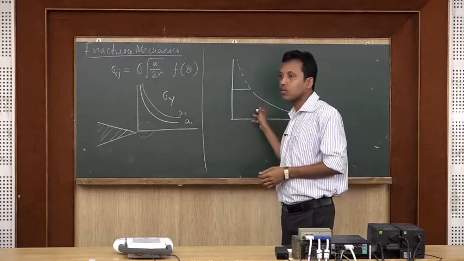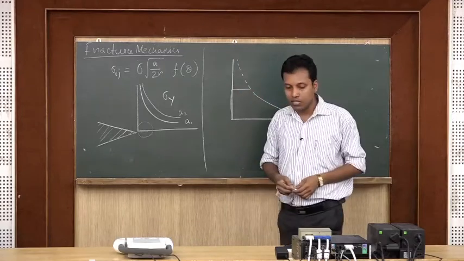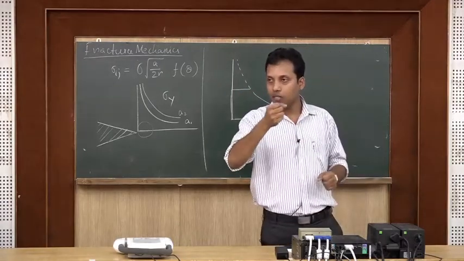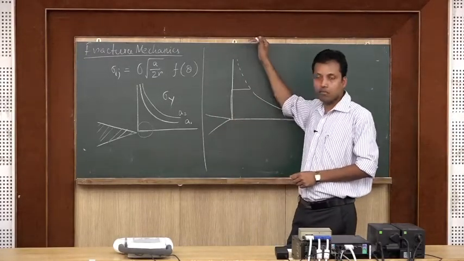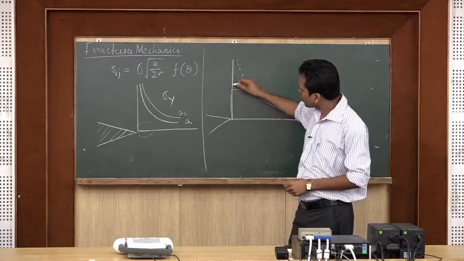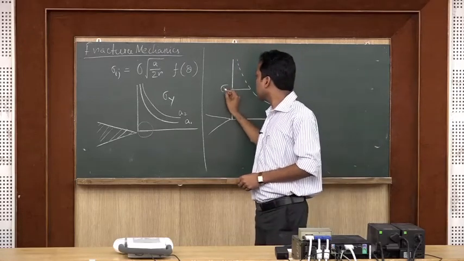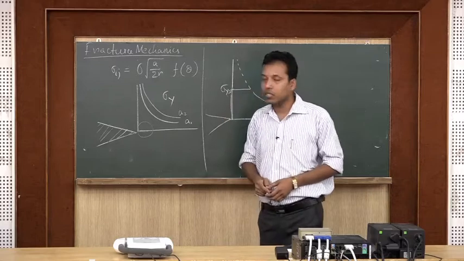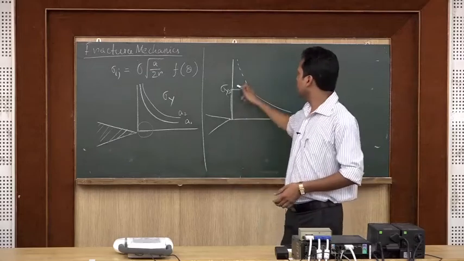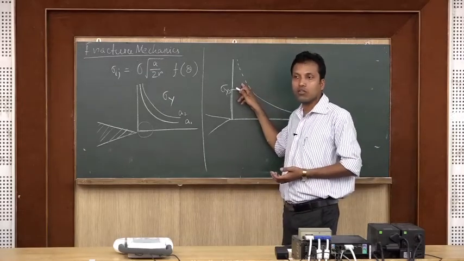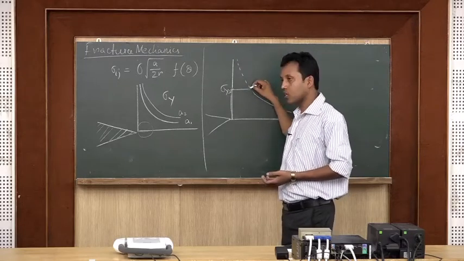If this is the distribution of sigma y, okay, say consider this is one elastic stress you have applied, but due to presence of this notch or crack, the stresses have risen up, okay. So after some certain distance, that will be above the yield strength level of the material, say that level is sigma ys as I have written in this, okay. If this level is sigma ys, above that elastic stress distribution must not exist, rather than that it will be somewhat plastic. So, I have put here a dotted line.